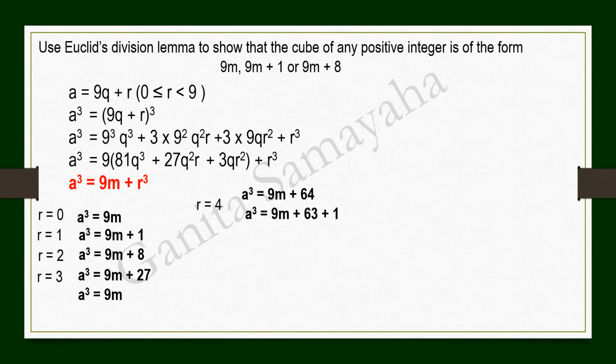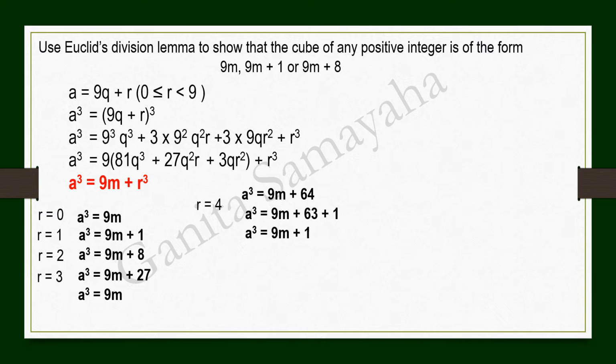So 9m plus 63 is a multiple of 9, which we will denote as 9m. Is it clear, children? This 9m plus 63 is again a multiple of 9. So we will write this as 9m and we have got plus 1 there. So when r is equal to 4, a cube is of the form 9m plus 1.